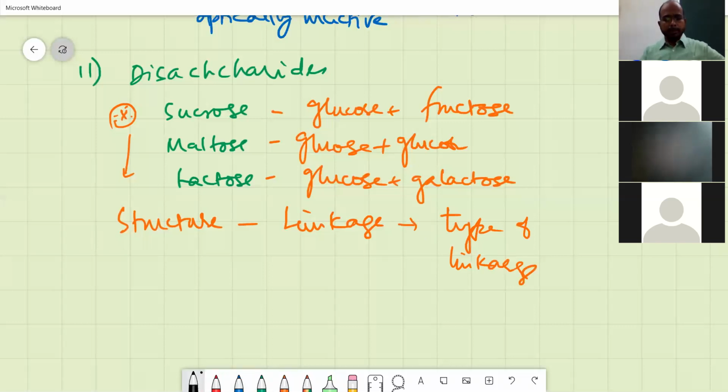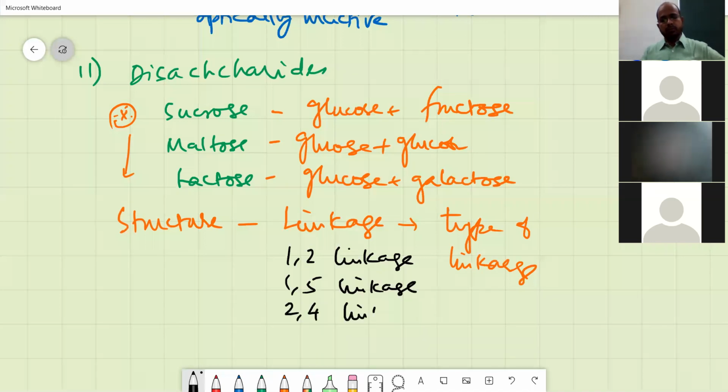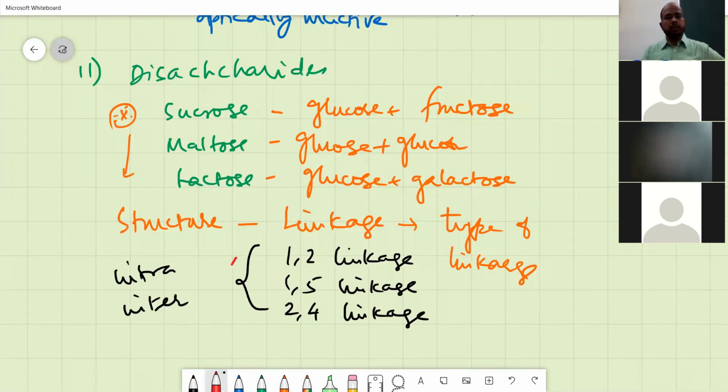The linkage is the 1-2 linkage, the 1-5 linkage, the 2-4 linkage, intra and inter. Okay, this is also very important.